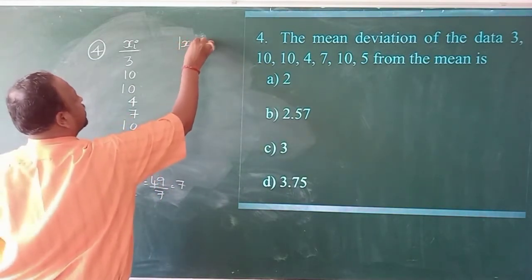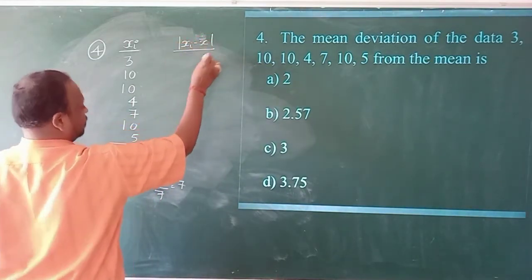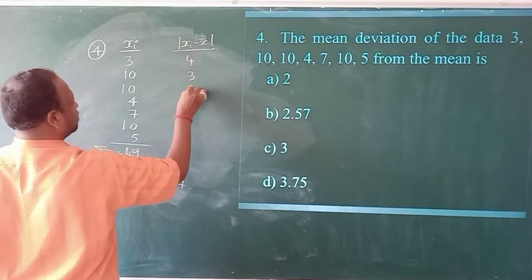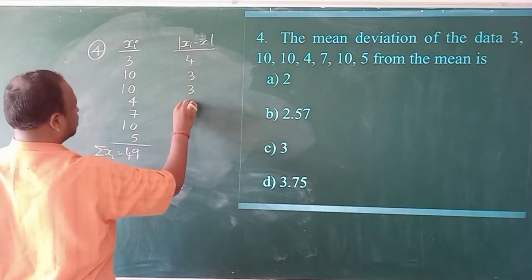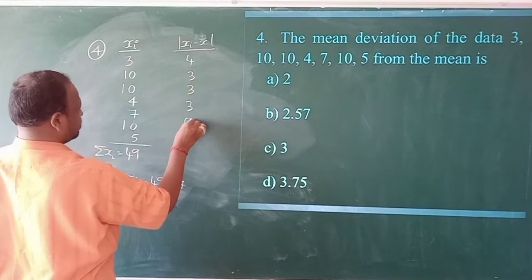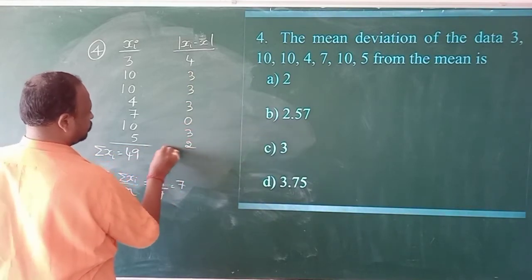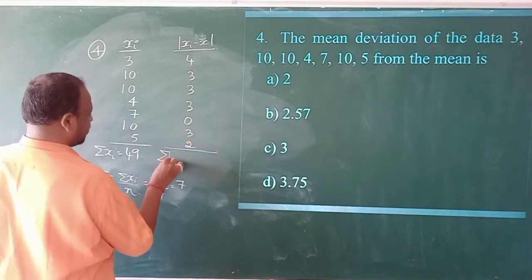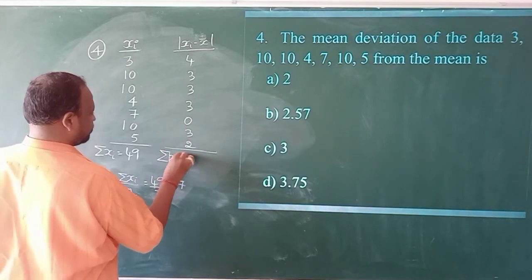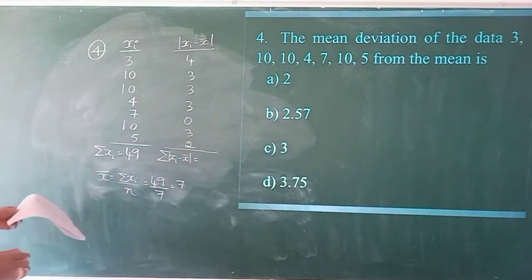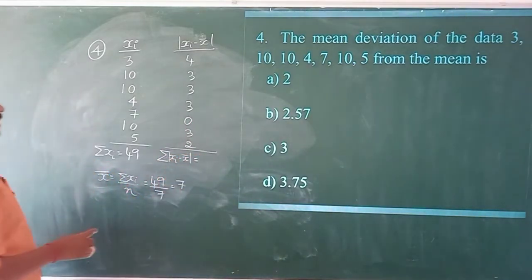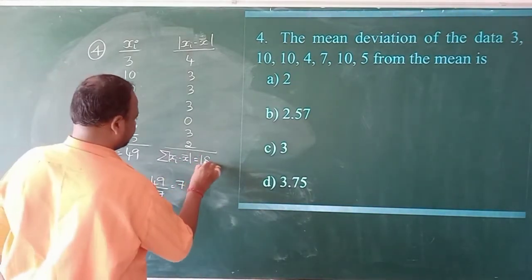Sigma xi minus x bar: 4, 3, 3, again 3, 0, 3, 2. So this will be 5, 8, 11, 14, 18.